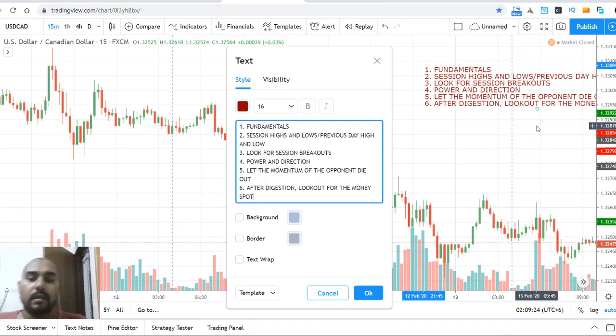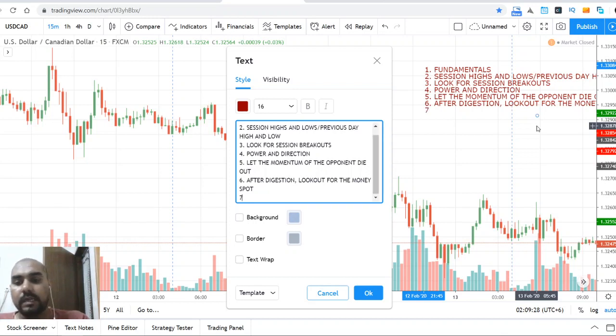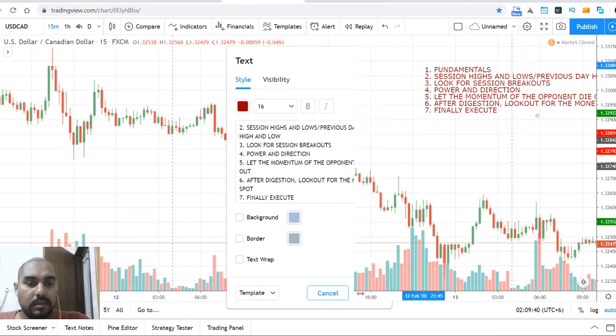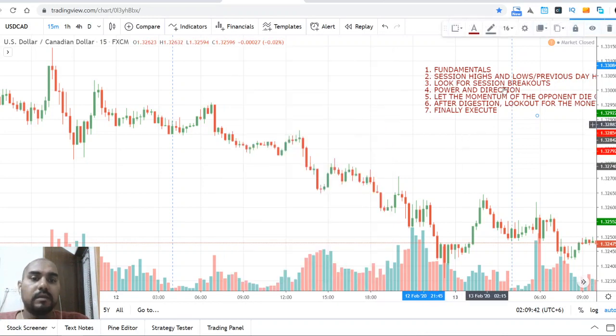And then finally, execute. Okay, so my list is done. This is the thing I'm going to be following. Since I don't know about the fundamentals, let's just identify yesterday's range.